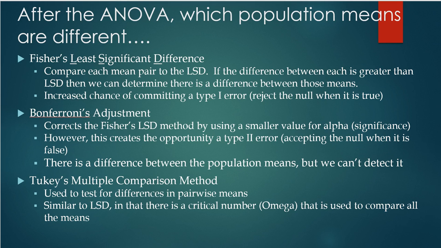Tukey's multiple comparison method is used to test differences in pairwise means, very similar to our least significant difference, in that there is a critical number, omega, that is used to compare all the means. So again, ANOVA tells us yes, there's a difference, we've rejected the null hypothesis, and then we would further use one of these three methods to figure out where that difference lies.